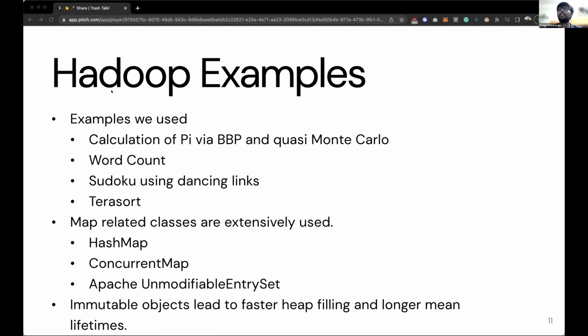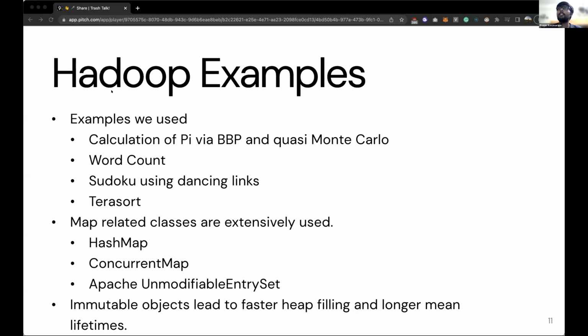Calculation of pi was also done via the Bailey-Borwein-Plouffe algorithm, the BBP, with the input parameters of 100k digits as the precision and 16 mappers. For our word count, we provided a 100 MB text file. The Sudoku example uses an unsolved Sudoku puzzle as input and uses the dancing links algorithm to find the solution. For TeraSort, we used a gigabyte binary file as our input.